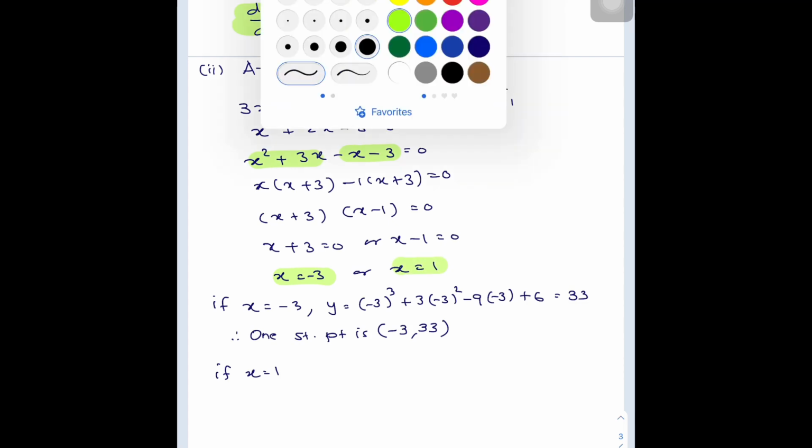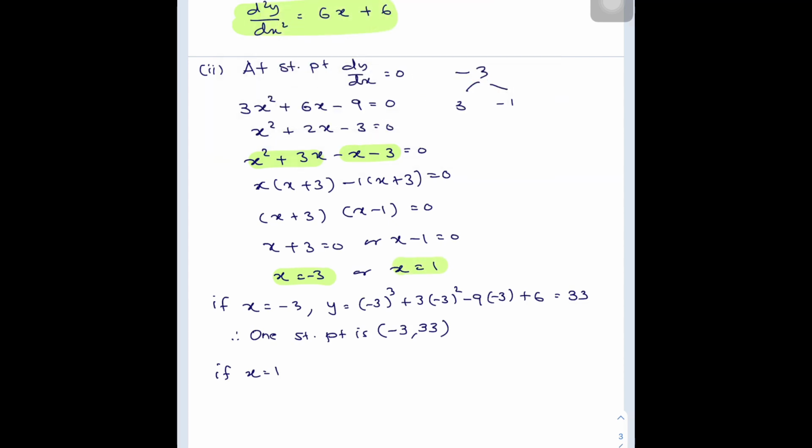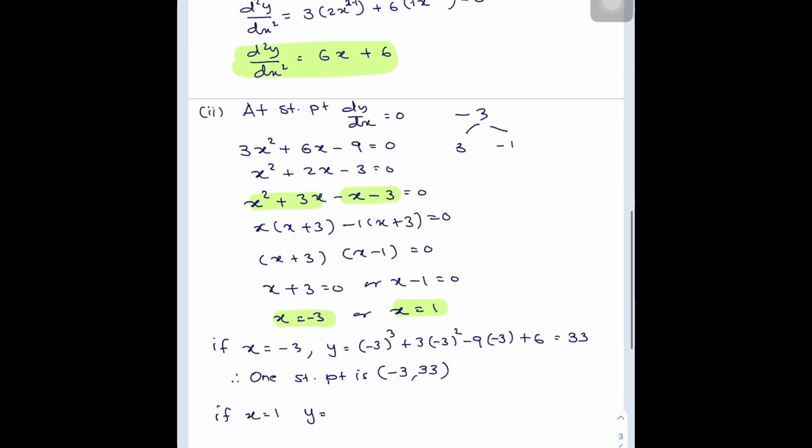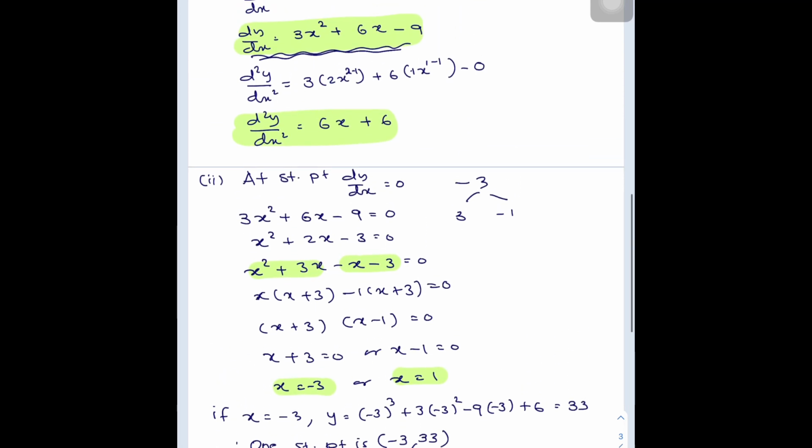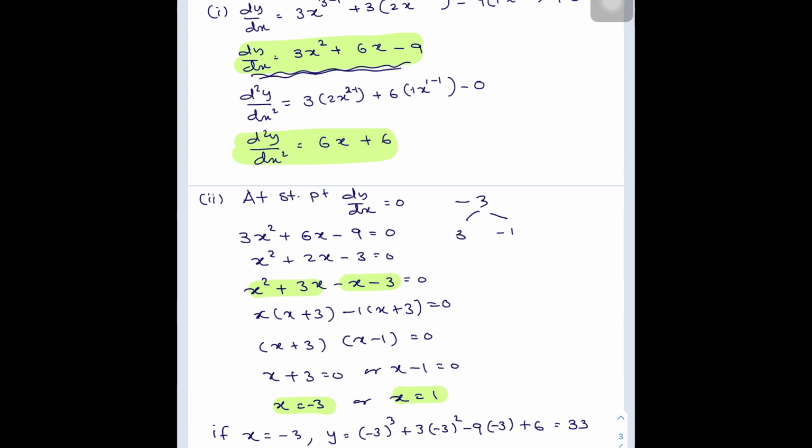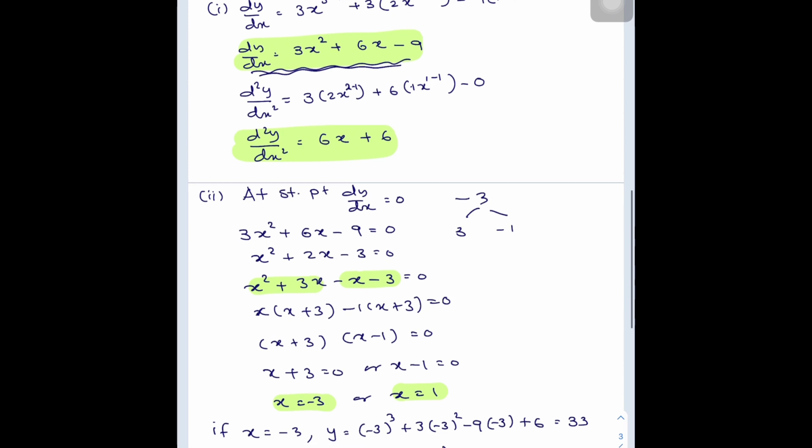Let's try the other one. If x is 1, so y is 1 cubed plus 3 times 1 squared minus 9 times 1 plus 6. 1 plus 3 is 4. 4 minus 9 is negative 5.